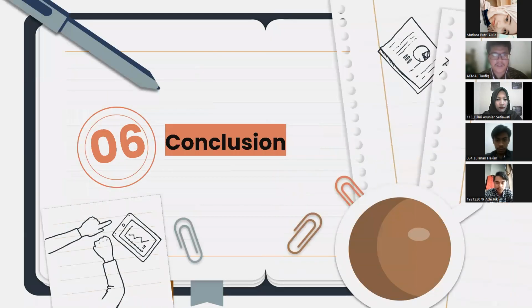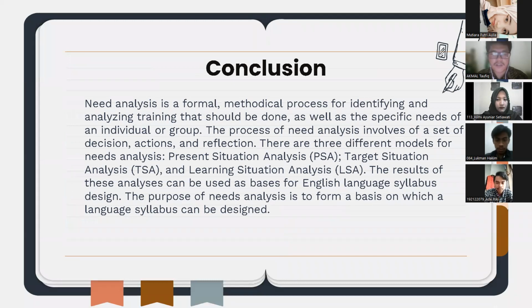All right, conclusion. The conclusion of this presentation is that needs analysis is a formal methodological process for identifying and analyzing training that should be done, as well as the specific needs of an individual or a group. The process of needs analysis involves a set of decisions, actions, and reflection.